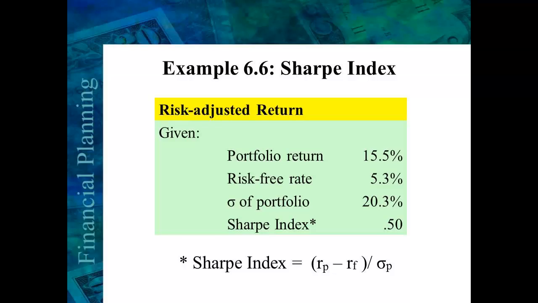The resulting calculation is 0.50. Is 0.50 a good Sharpe index? Remember, the index is a measure of relative performance, and the higher the number, the better. So, if another portfolio manager has a Sharpe index of 0.40, the 0.50 is a good number. If another portfolio manager has a Sharpe index of 0.80, then the 0.50 isn't such a good number.